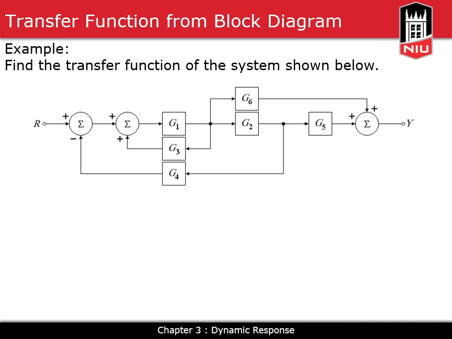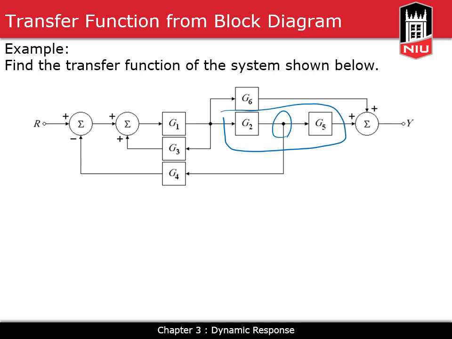Another example, this is more complicated. With this one, we can try to see what we can do if there's anything in series or any blocks in parallel. First thing I want to mention here, G2 and G5, they look like they are in series, but there's that pickoff point. We said there shouldn't be any interruptions in between, no summation points, no pickoff points in between the two blocks, so that we can consider them blocks in series.